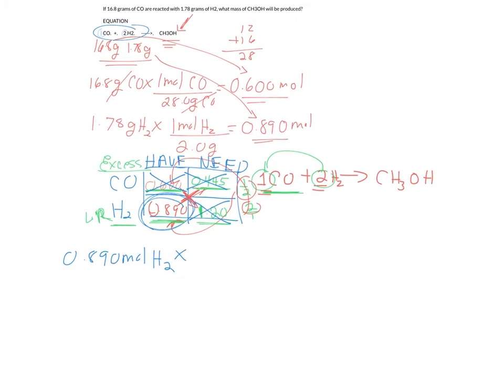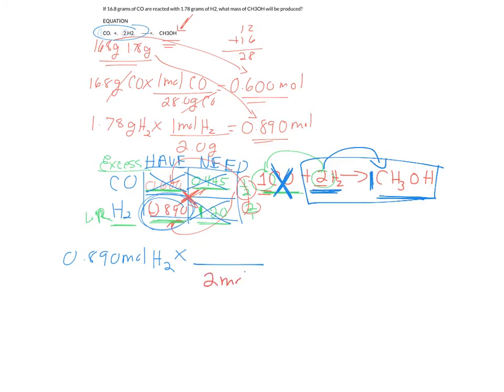And looking back at our equation, now that we've eliminated CO from being the limiting reagent, it's between hydrogen and CH3OH, and that ratio is 2 to 1. So now we're dealing with these two. The ratio is 2 moles of hydrogen, the denominator, and 1 mole of CH3OH.